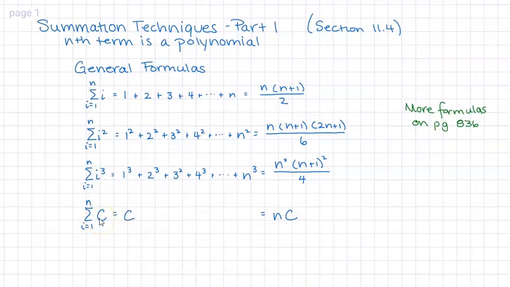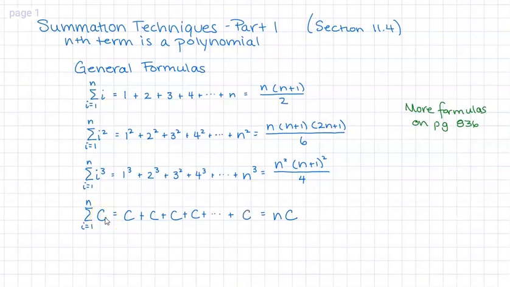It's just c. And then when i equals 2, what's the value of c? Well, it's still c. And if i equals 3, what's the value of c? Still c. And if i equals 4, what's the value of c? It's still c. And if you kept this up all the way until the end, when i is n, what's the value of c?